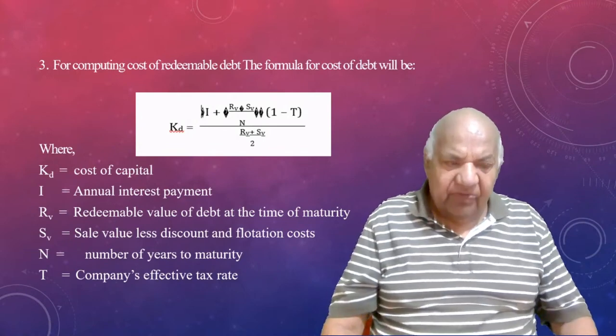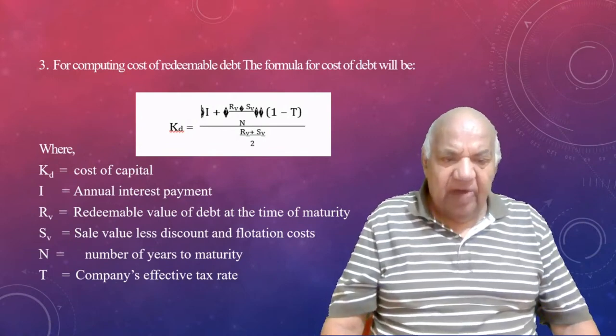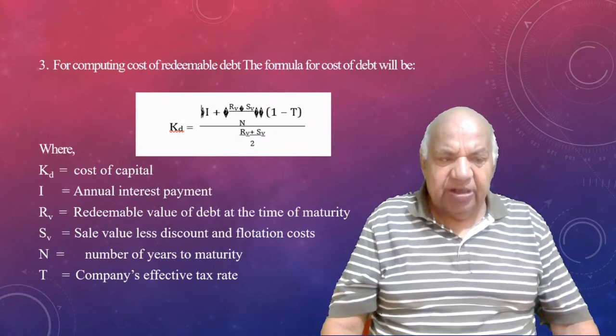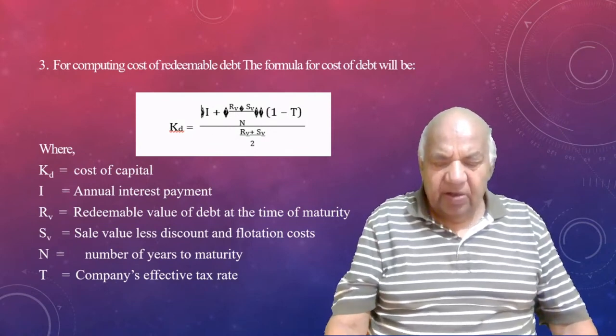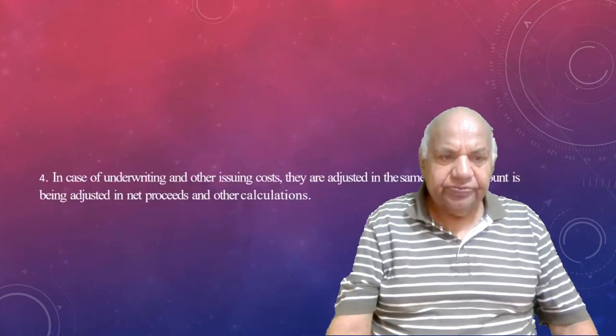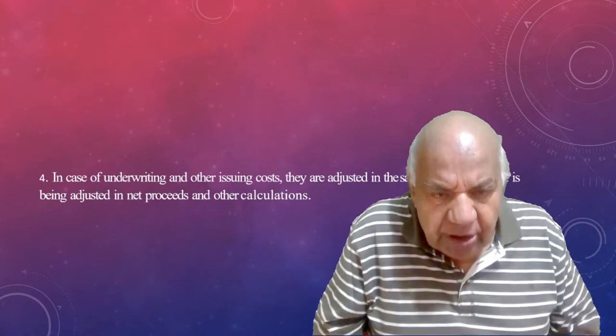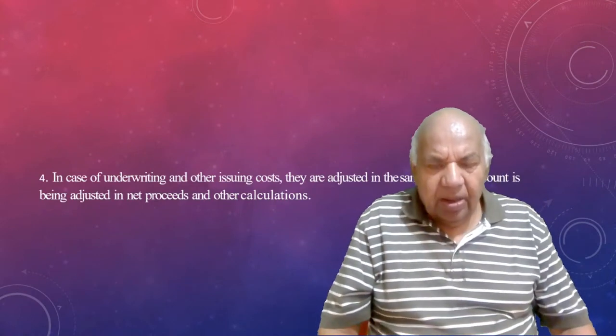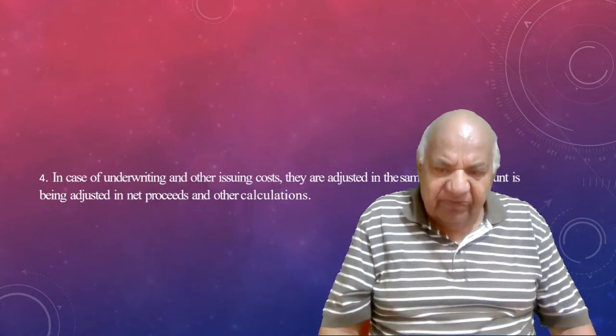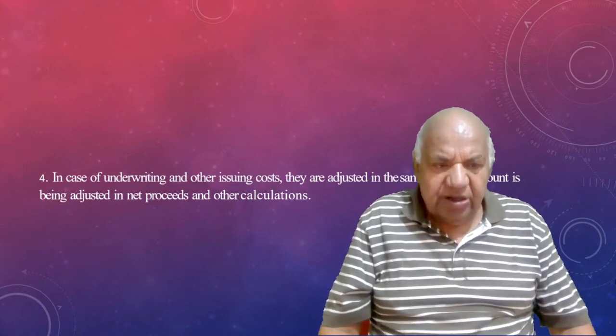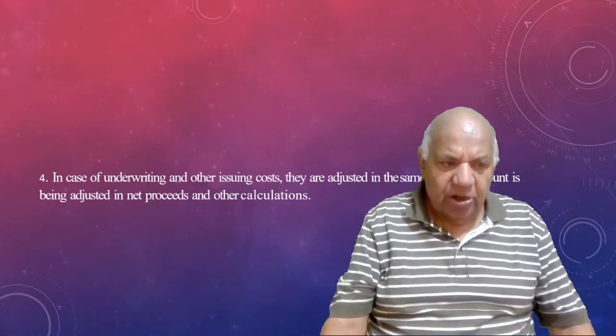RV is the redeemable value of debt at the time of maturity, and SV is the sales value less discount and flotation cost. In case of underwriting and other issuing costs, they are adjusted in the same way as discount is adjusted in net proceeds and other calculations.